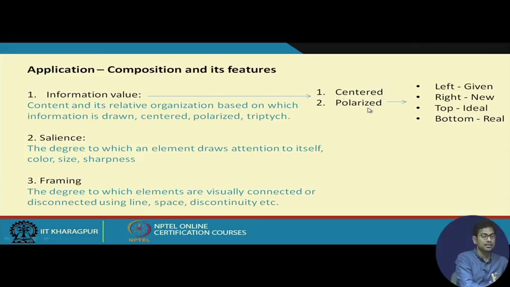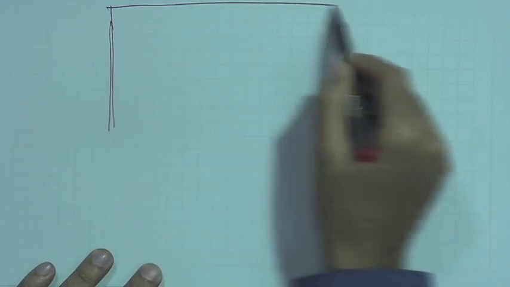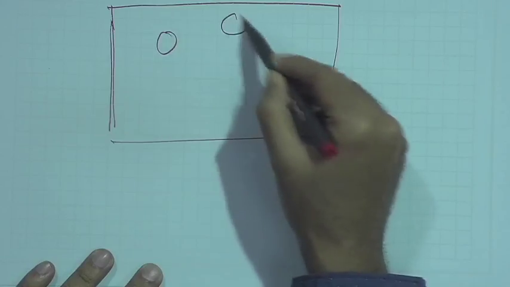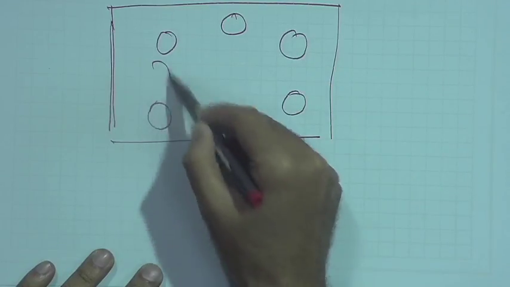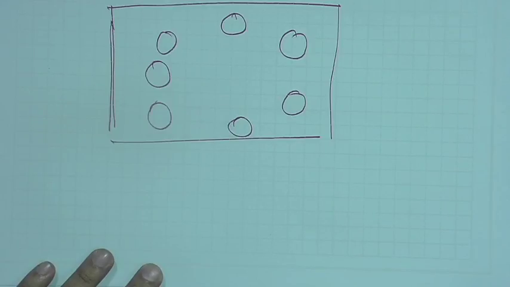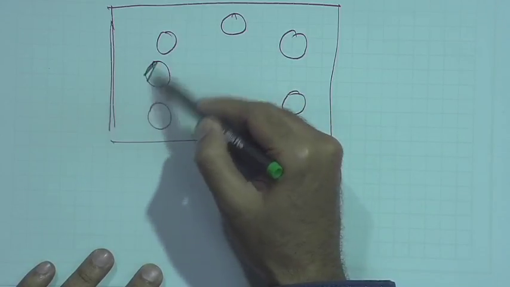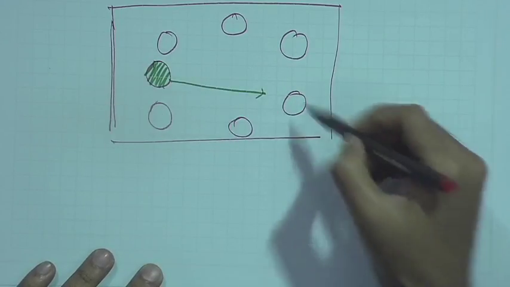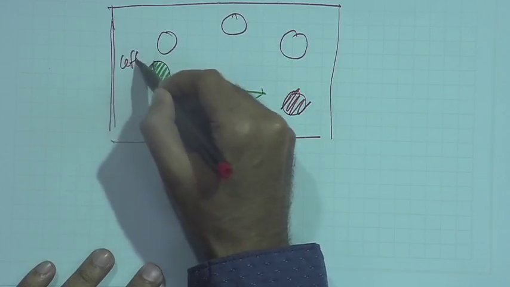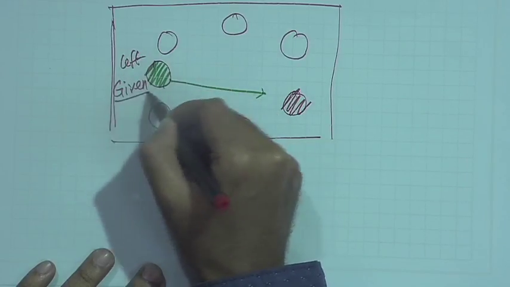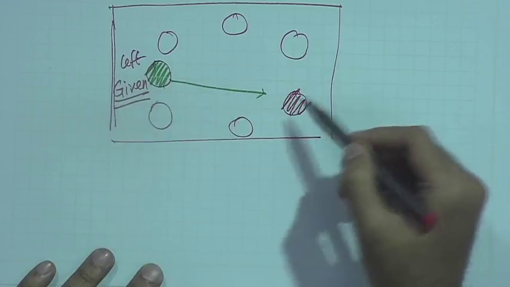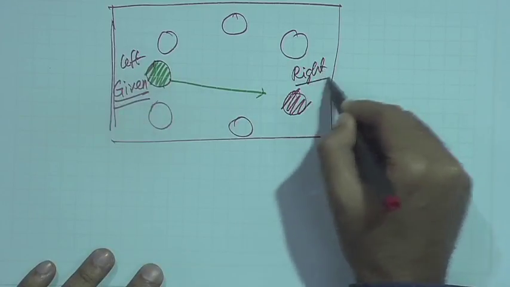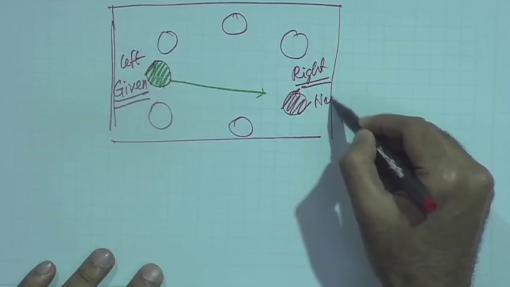One is centered and the other polarized. Within a polarized composition, say for example, if we look at the graphic over here, what we generally find in a generic situation is that what is given on the left relates to something on the right. What is there on the left is a given, something which we already know, and the one towards the right is the new that takes shape.